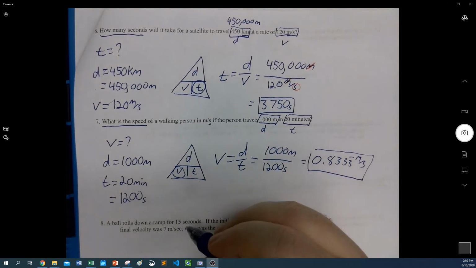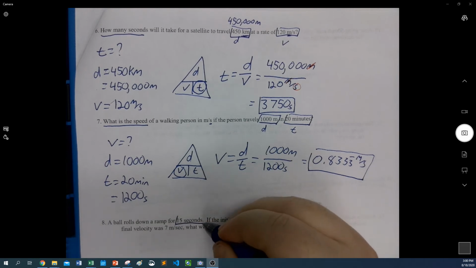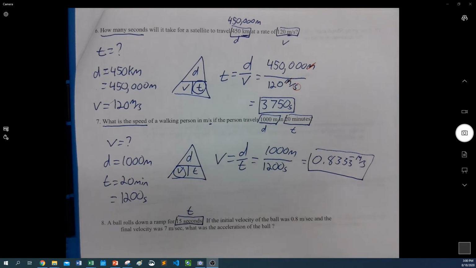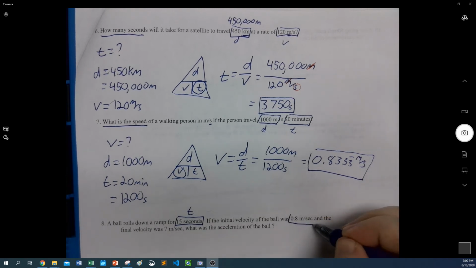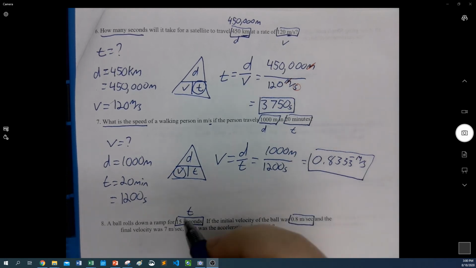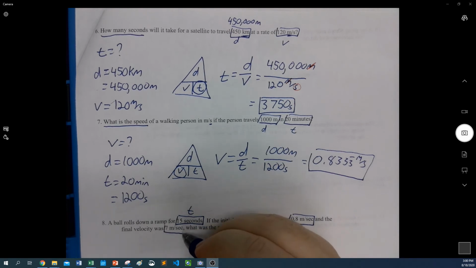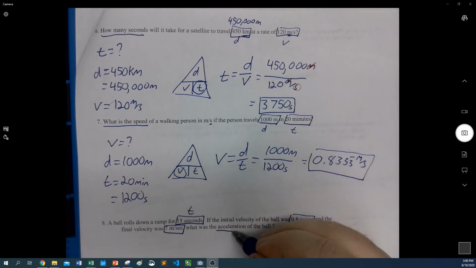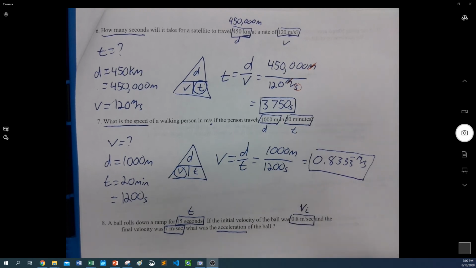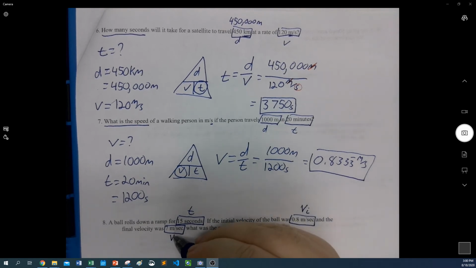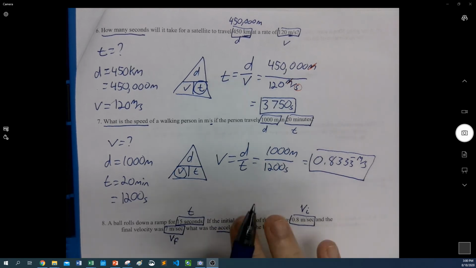Number 8. A ball rolls down a ramp for 15 seconds. If the initial velocity of the ball was 0.8 meters per second, and the final velocity was 7 meters per second, what is the acceleration?